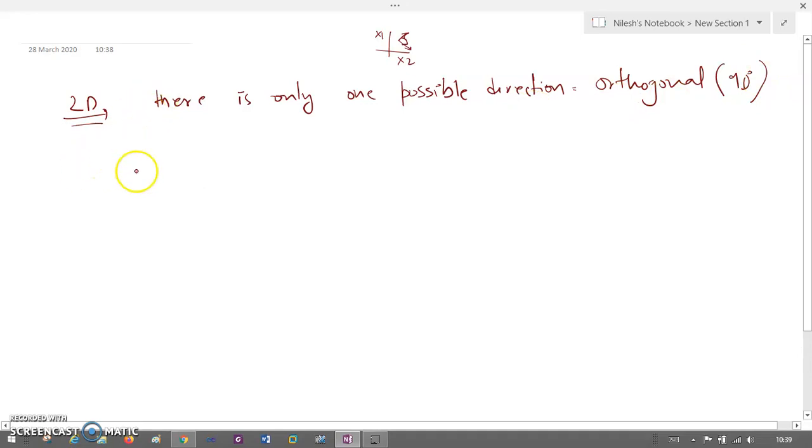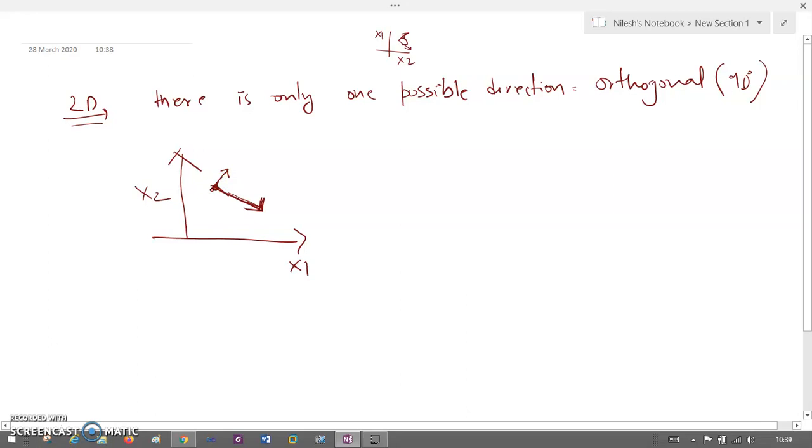Okay, so if this is the arrow here, and this is the two dimension, this is x1 and this is x2, and I already have the center and I'm pointing this arrow over here, then in two dimensions I only have one possible way to create the orthogonal arrow, and that is this direction.